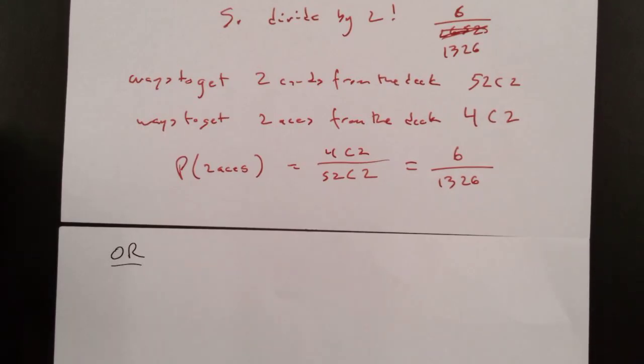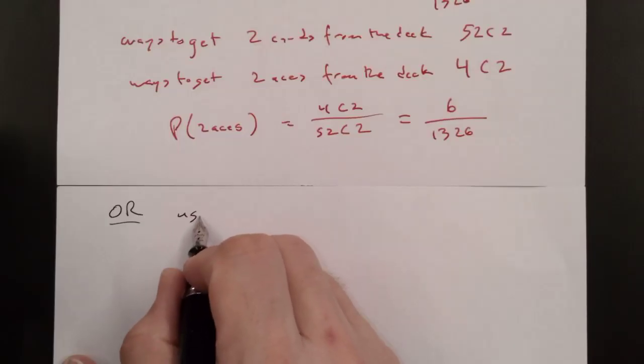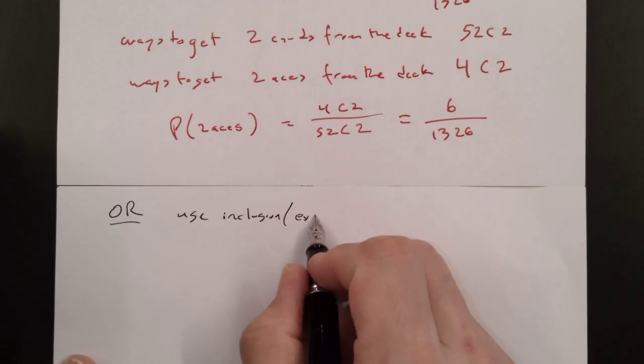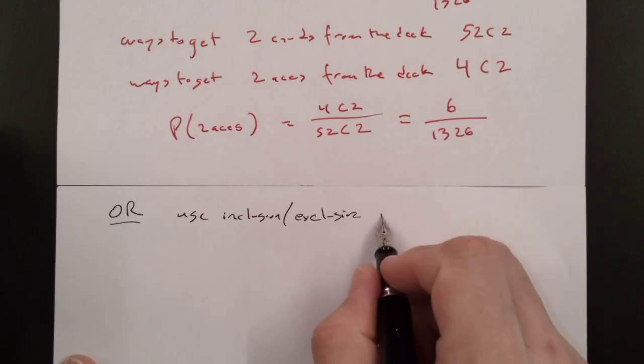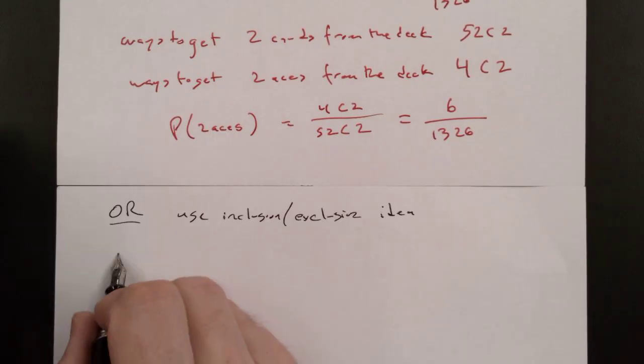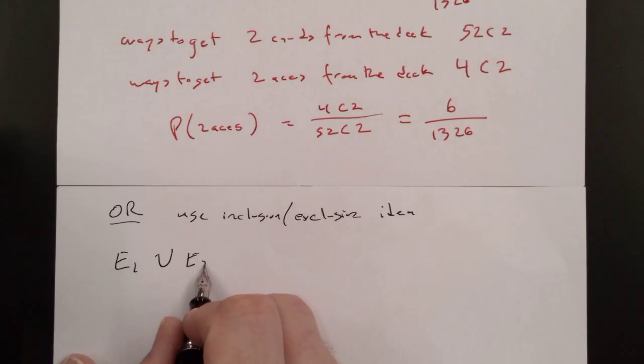What do I do when I see that word? I add. And I subtract things that are double counted, right? So if I want to think about 2 events, let's suppose I have 2 events, event 1 or event 2.